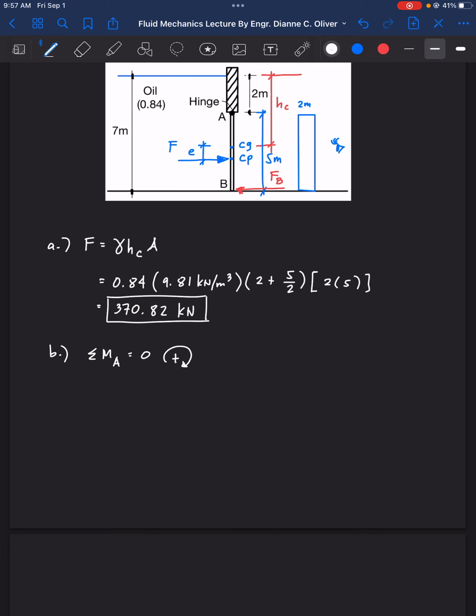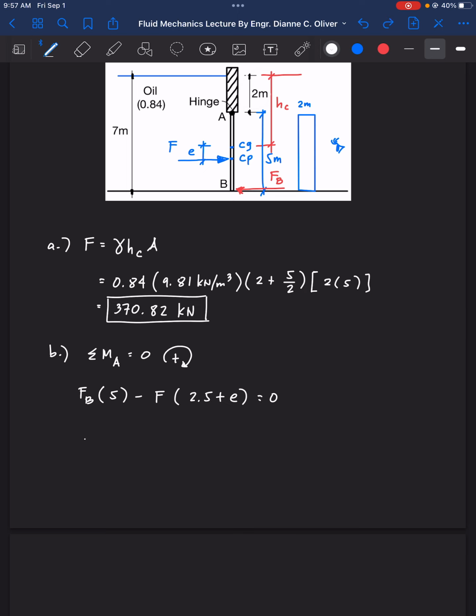So force at B multiplied by the distance 5 meters, then minus the hydrostatic force there, and that distance here is 2.5 plus E, the eccentricity E, because 2.5 here is the distance from A to the center of gravity. That is equal to 0. So we need to find the value of E.